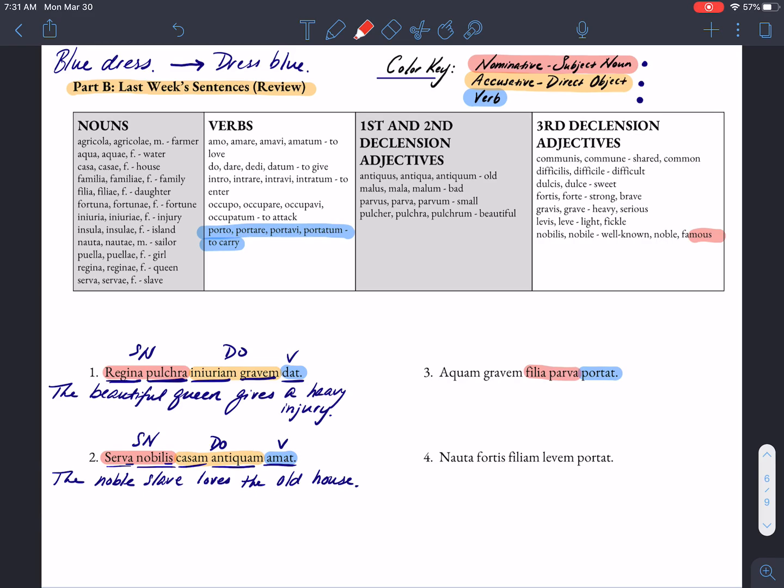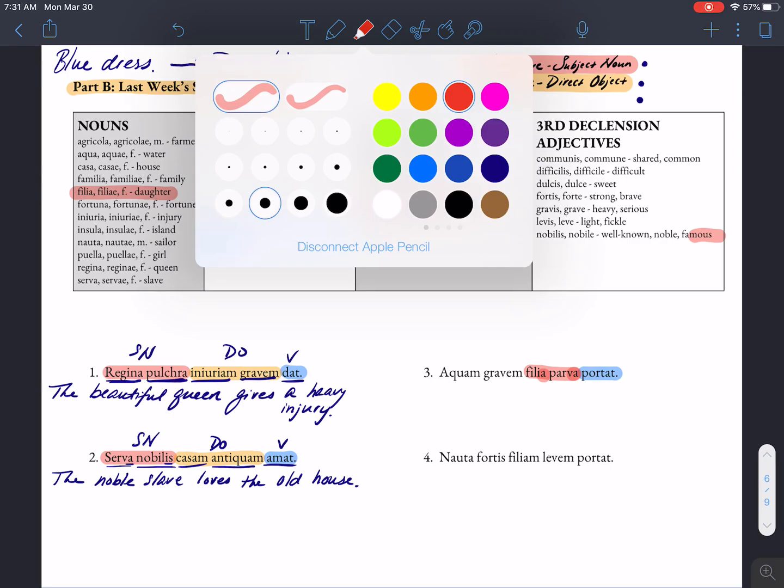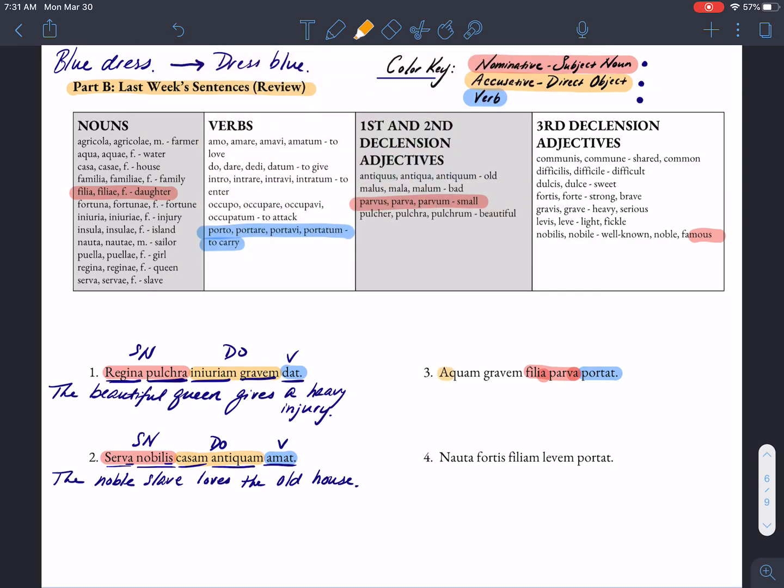Filia is a first declension noun, and parva is a first or second declension adjective, so the endings are going to look the same here. That's an indicator that they do, in fact, match. Now aquam gravem, those are our accusatives. We've got aqua and gravis, grave, heavy or serious.